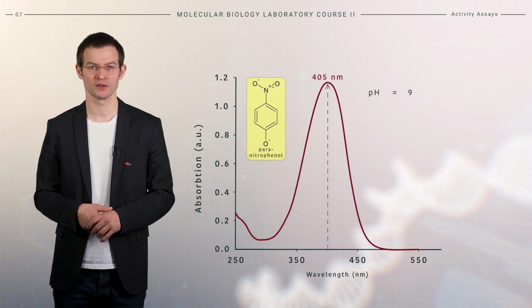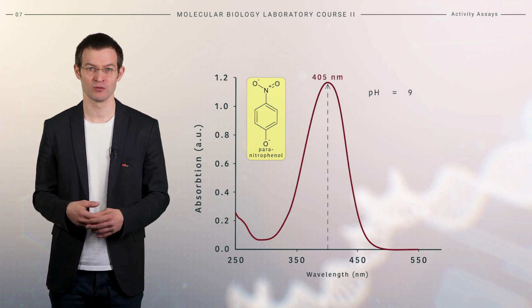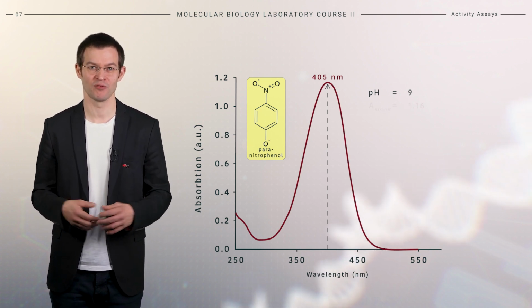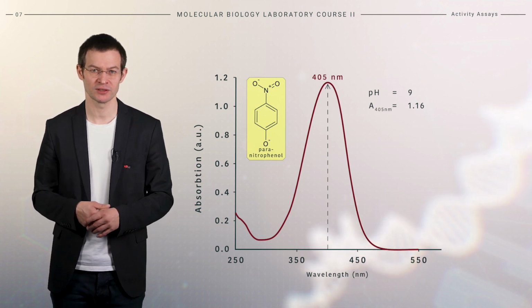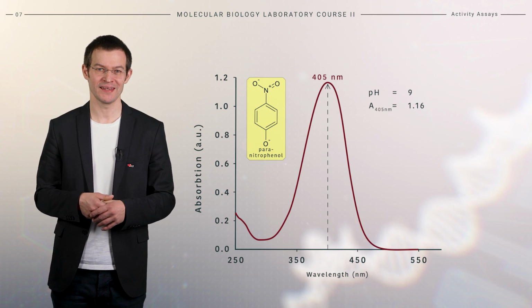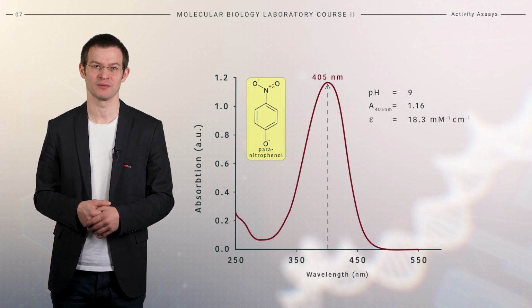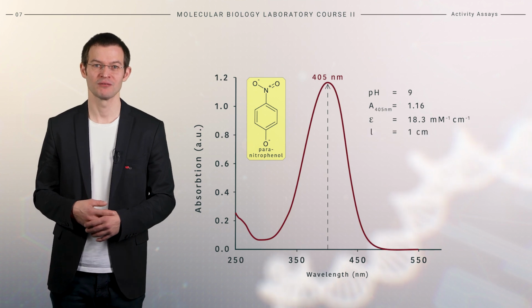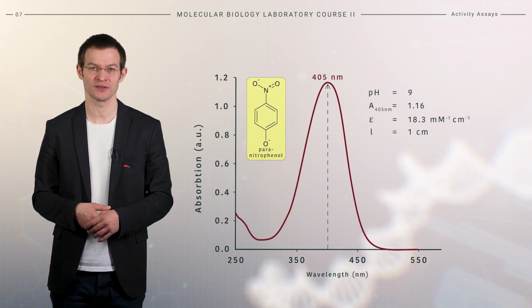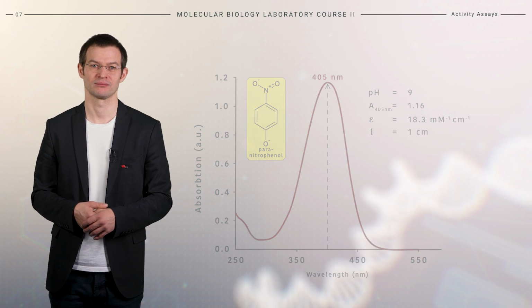If we put this solution in a photometer using a standard cuvette, we measure an absorbance of 1.16. We know the molar absorption coefficient of paranitrophenol, which is 18.3 per molar per centimeter. By applying these values to the Beer-Lambert law, we can now calculate the concentration C of the solution.